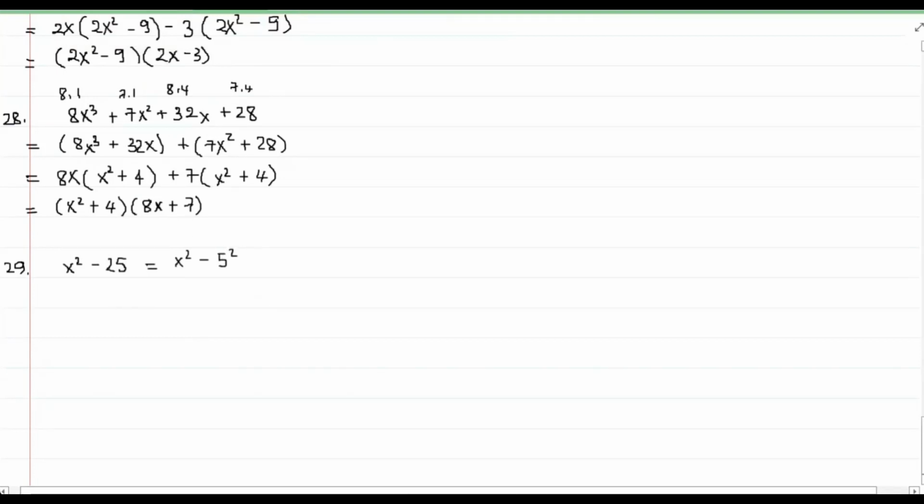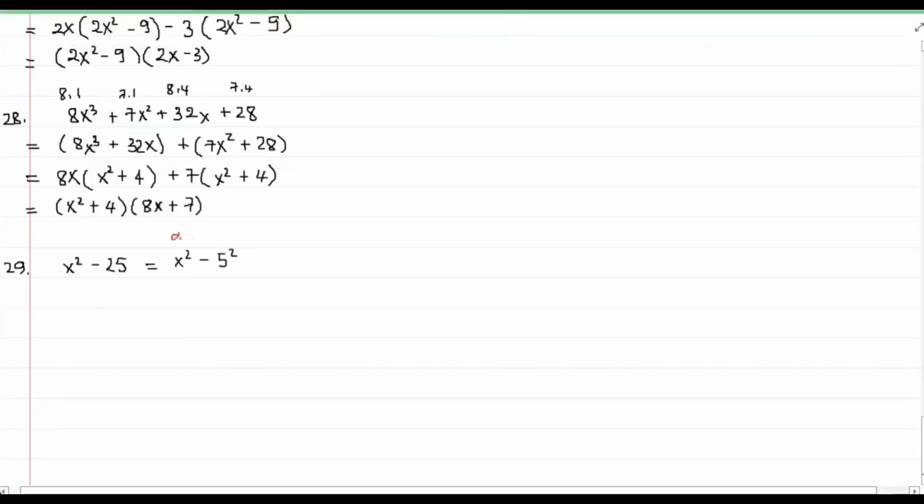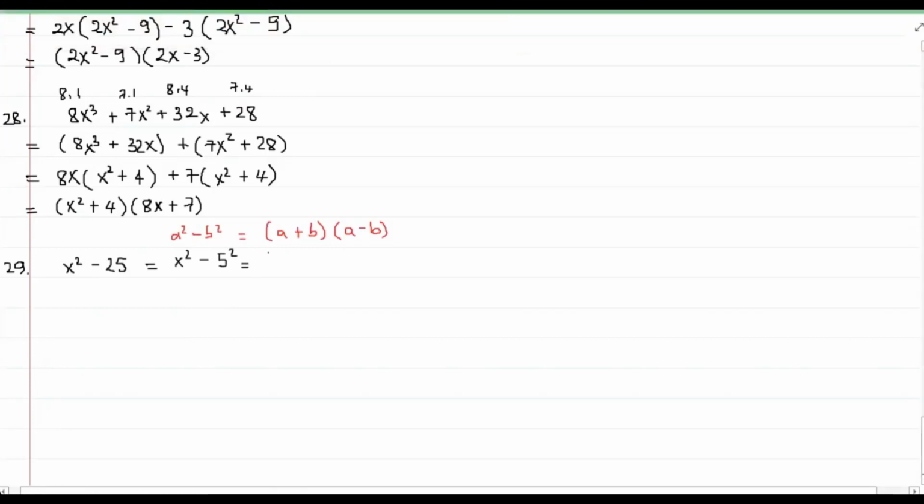That is a squared minus b squared equals a plus b times a minus b. All right, so it equals x plus 5 times x minus 5.